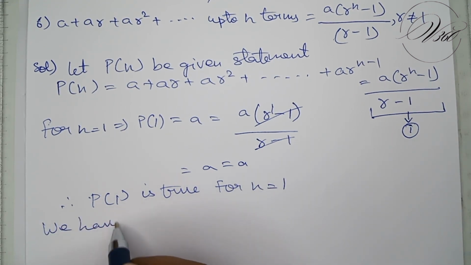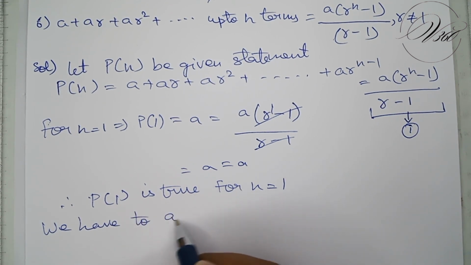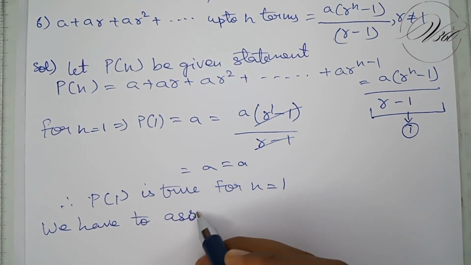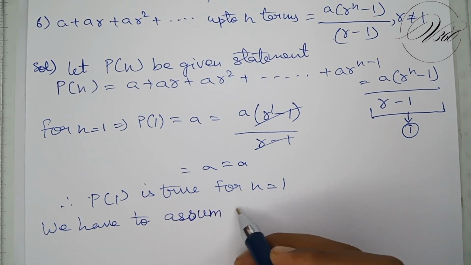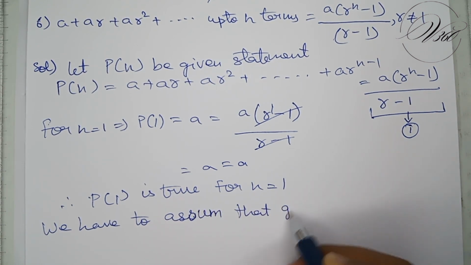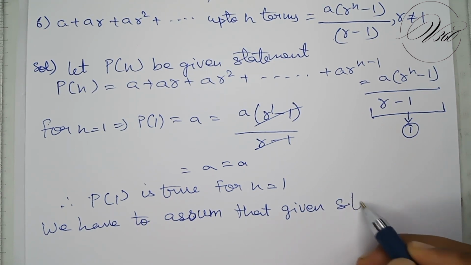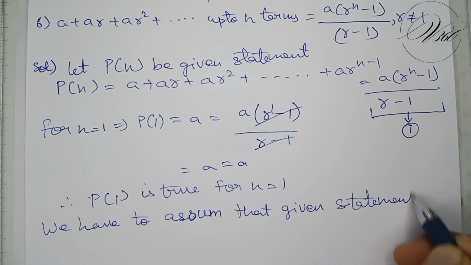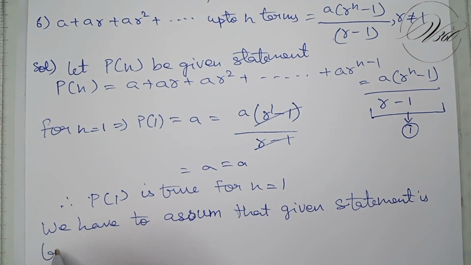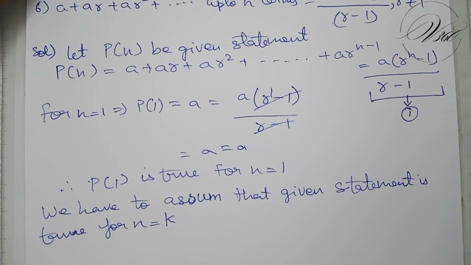We have to assume that the given statement is true for n is equal to k, then we'll get here.